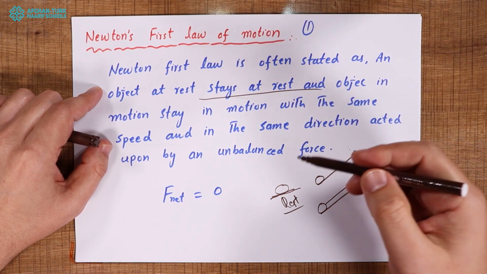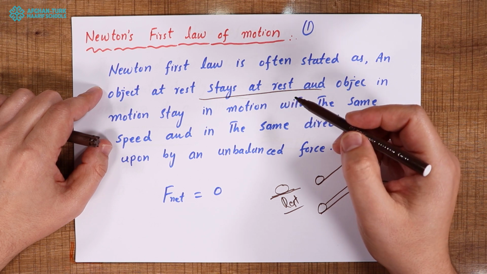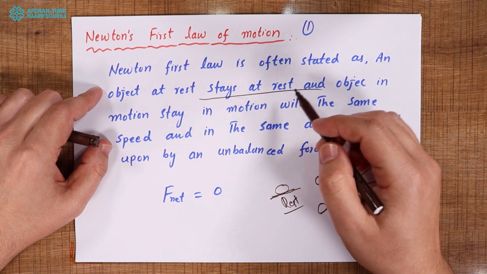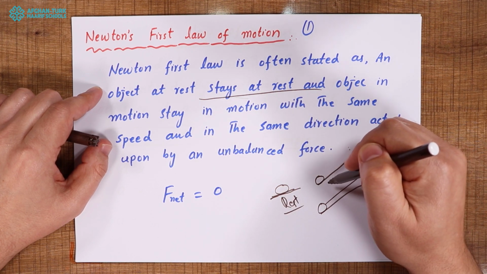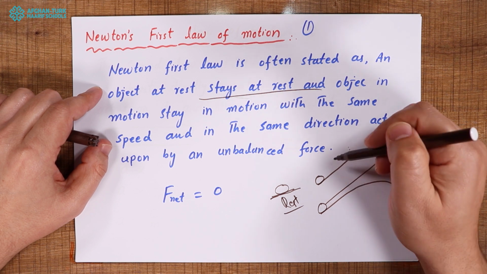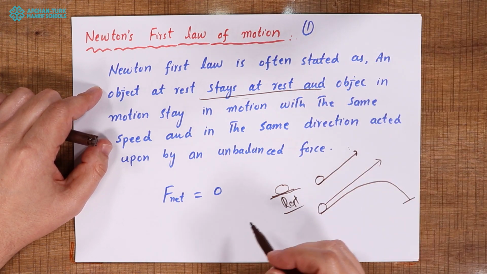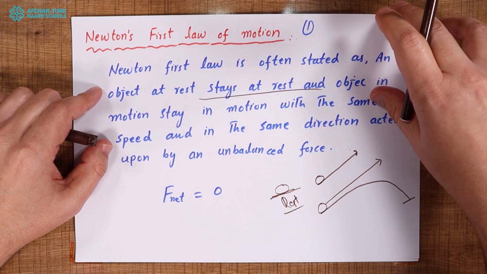So again, Newton's first law has two parts. First, if the object is at rest, it always stays at rest. Second, if the object is in motion, it always stays in motion until an unbalanced force acts upon it. And remember, the total force in the first law is equal to 0.